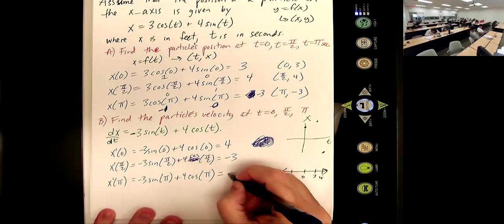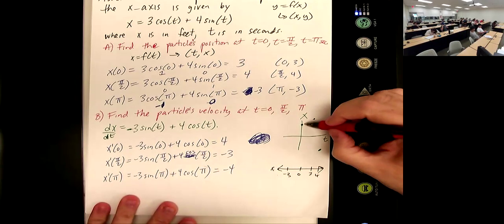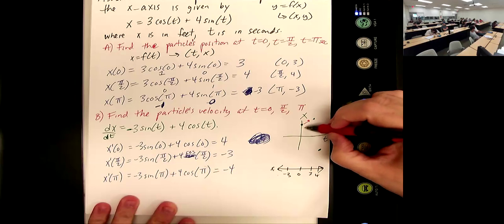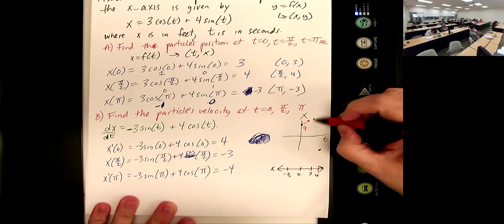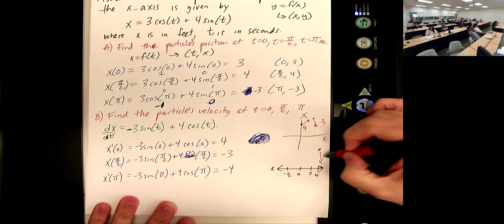We have negative 4. So it's going up really fast at 4, then when it gets here, it's starting to go down at negative 3. And as we get here, it's going down even more at negative 4.